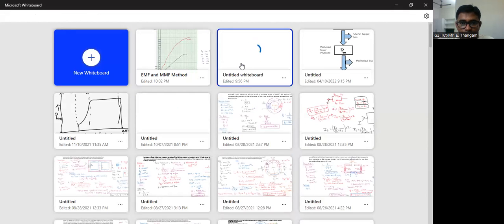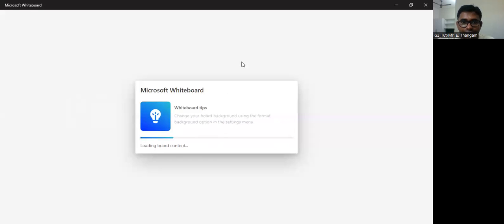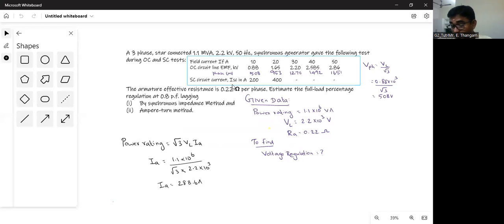Now with the help of the formula, we can calculate the regulation value as well as your E phase value. From the graph, we have got ZS equal to 2.68 ohm.